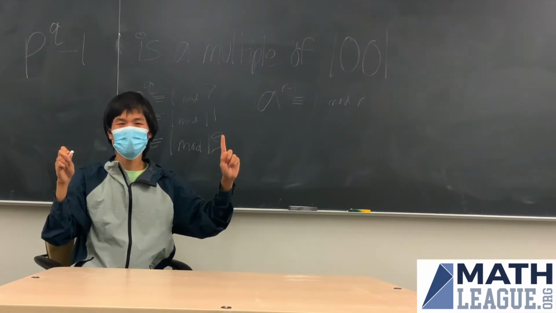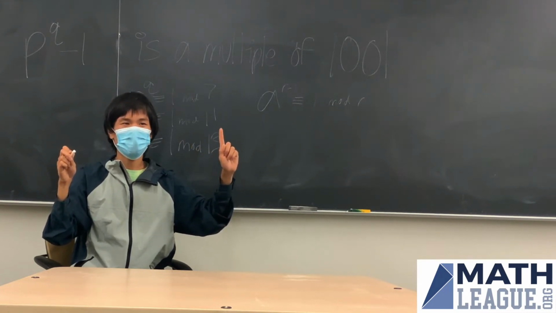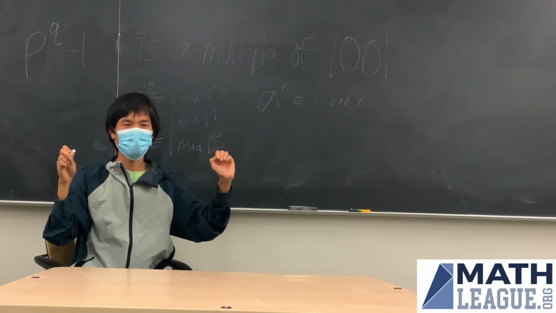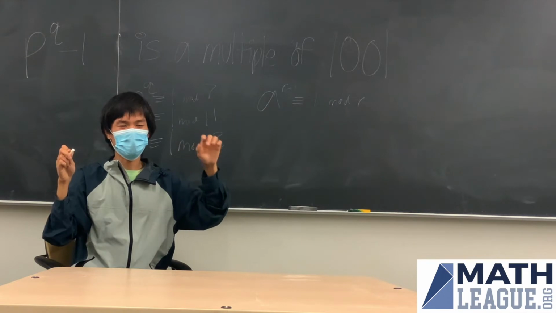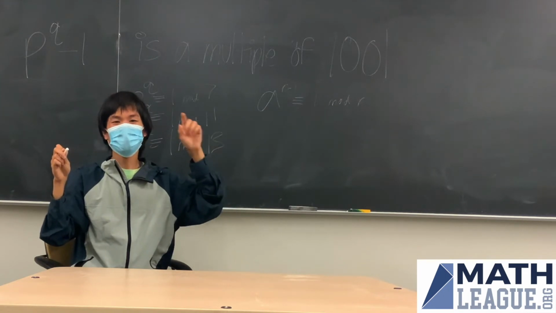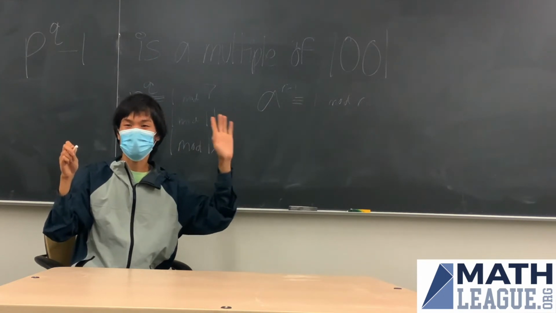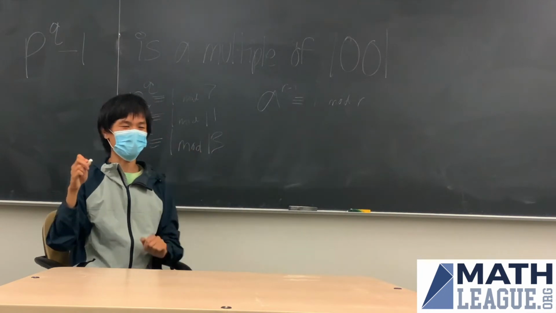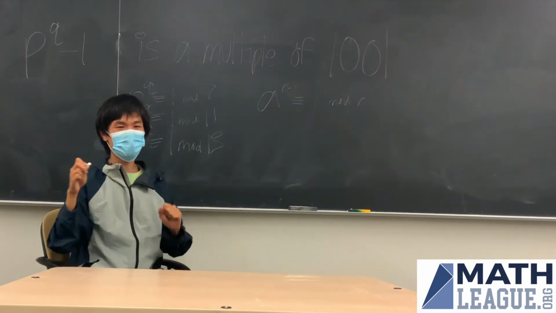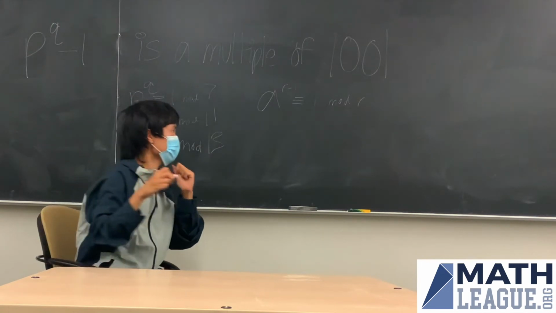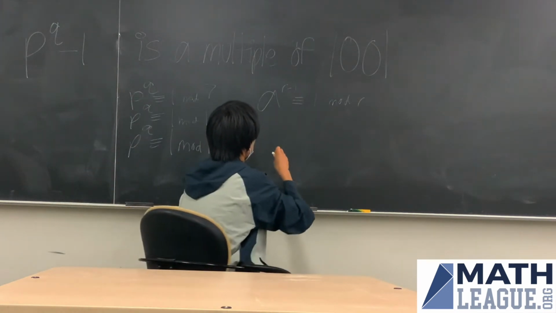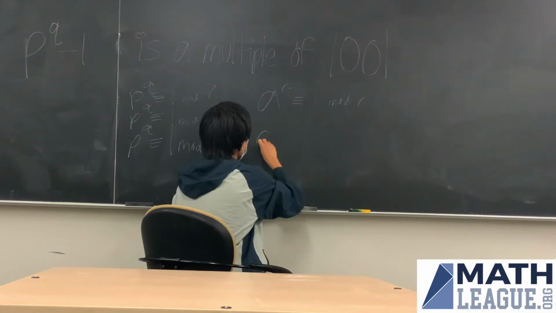And now we can also say that because of that, a to the power of something, as that something goes all the way up, will result in every single different value. That's generating a cyclic group. So what does this mean? Let's think. I'm going to consider something along the lines of a to the power of q.